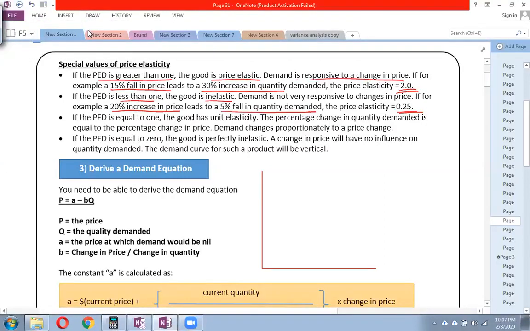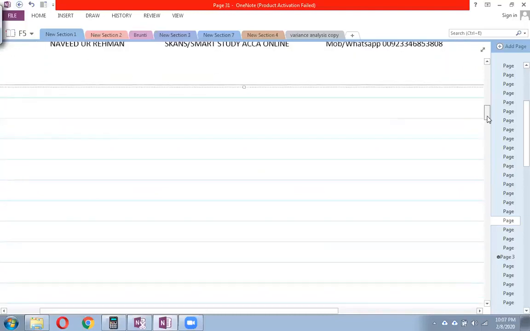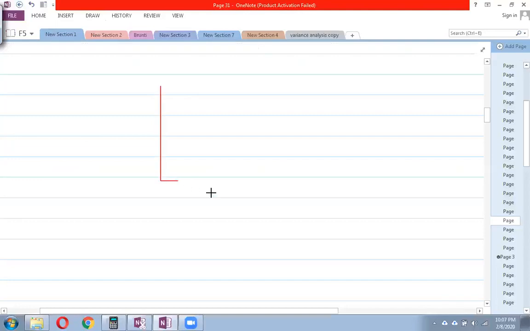So let's say, for example, on the x-axis we have the demand, and on the y-axis, the vertical axis, we have the price. Now, if the price is high, your demand is going to be low.